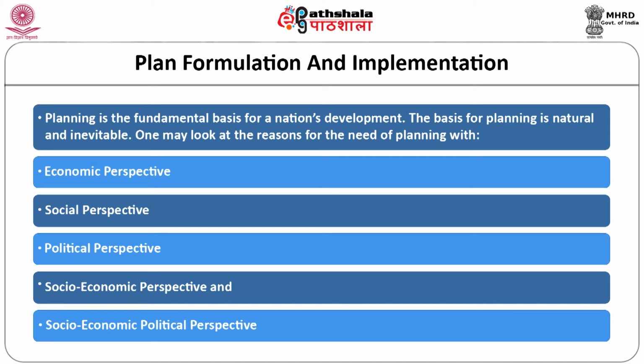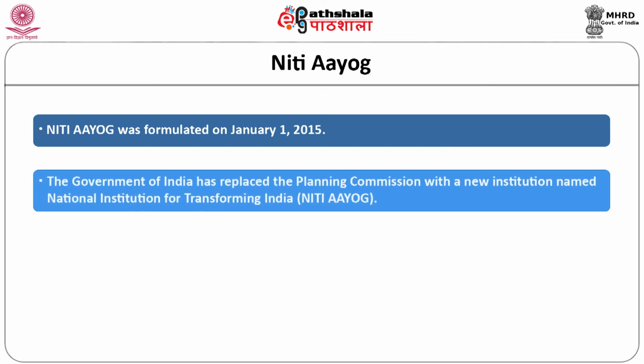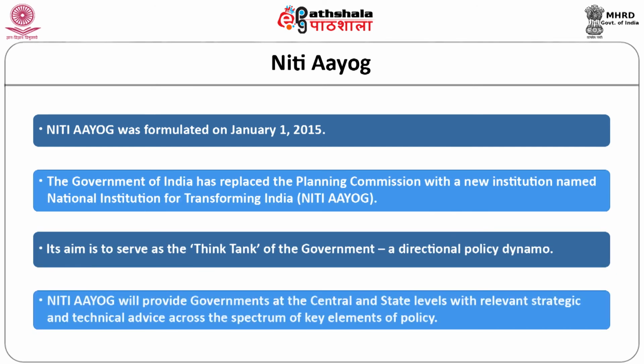The next module is on Niti Aayog. Now, as you know, Niti Aayog is basically an agency at the central level which is concerned with the policy formulation, but with discussion with the different states of the country, all the states rather, and union territories, and according to their need and requirement, the policies are initiated.